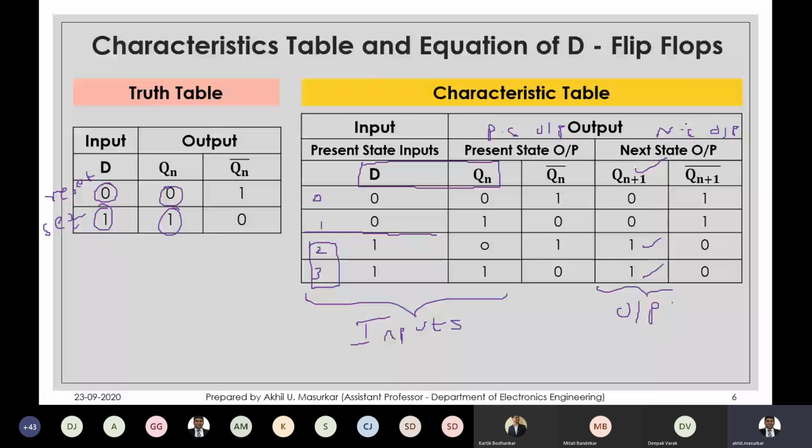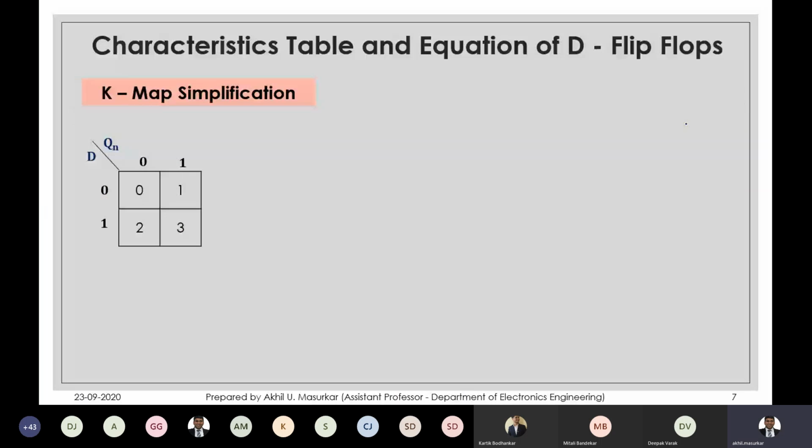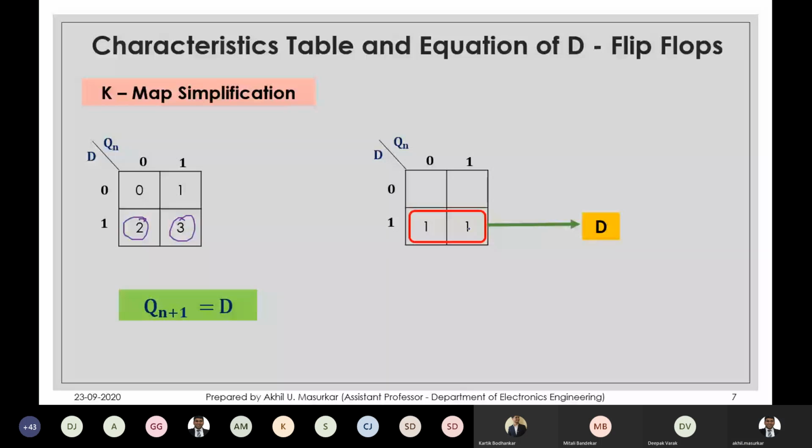Let's see the K map. Now it will be a two variable K map. And I told you that only 2 and 3 are 1. So here we will have the K map which is 1 and 1, and that will give me just D. So Qn plus 1 is D. So this is the characteristic equation of D flip flop.